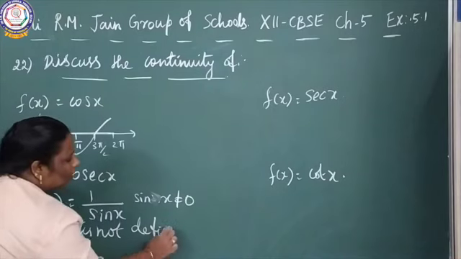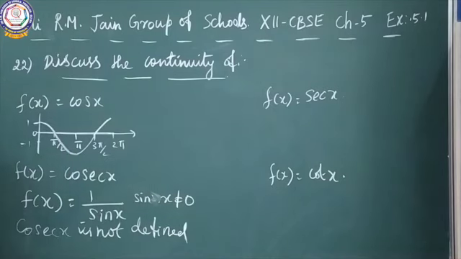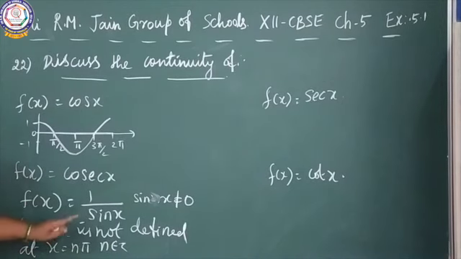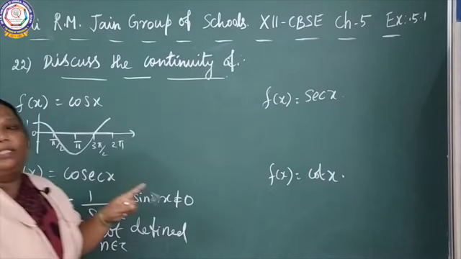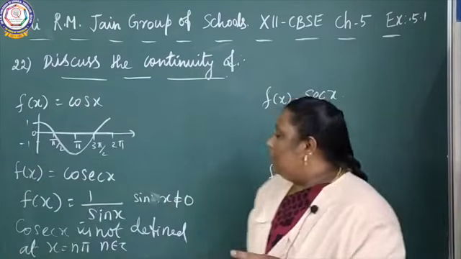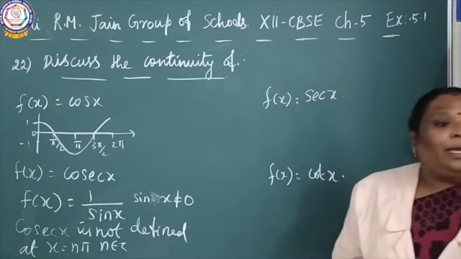Cosecant x is not defined at x equal to n pi, where n belongs to Z. So f of x is continuous at all the points except x equal to n pi.